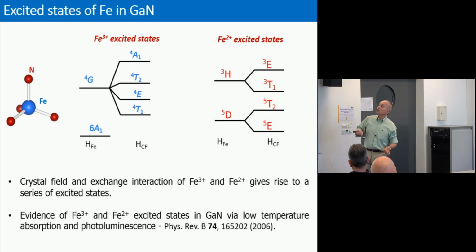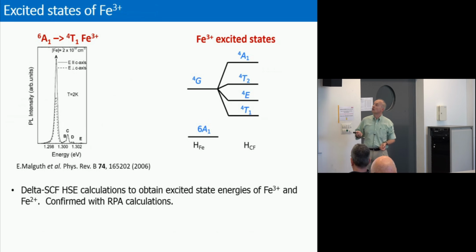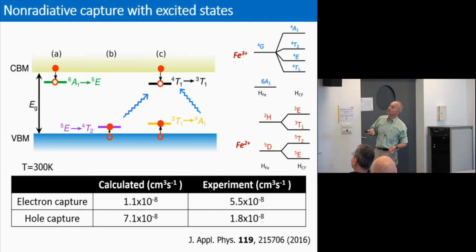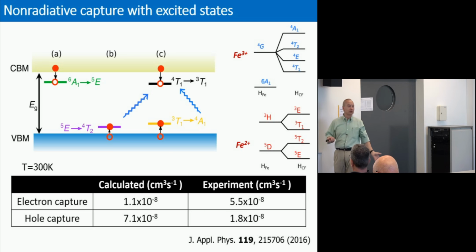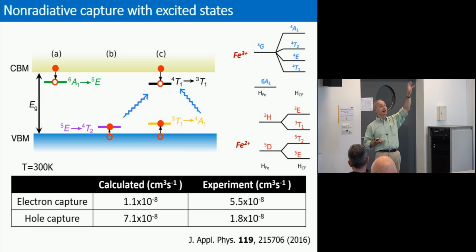To make a long story short, once you take these excited states into account, you can actually find a recombination cycle where holes are being captured with an equal rate as electrons. In fact, the entire recombination cycle, once it starts, proceeds entirely within these excited states of the iron impurity. The iron actually never goes back to its ground state.